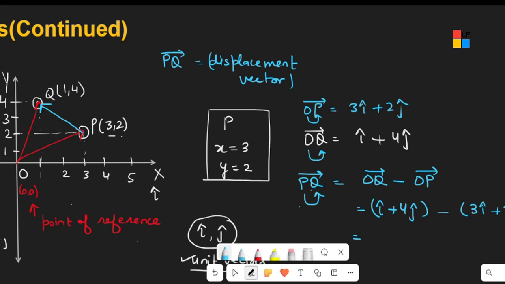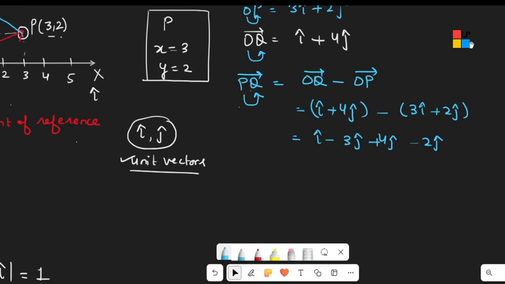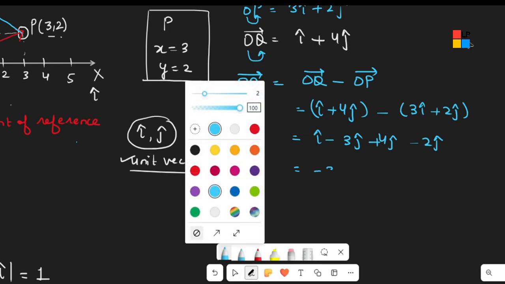So the OQ vector is i plus 4j minus 3i plus 2j. We subtract the i parts, and the j parts are 4j minus 2j. That's simple mathematics. Sorry, just a moment, we need to correct it.